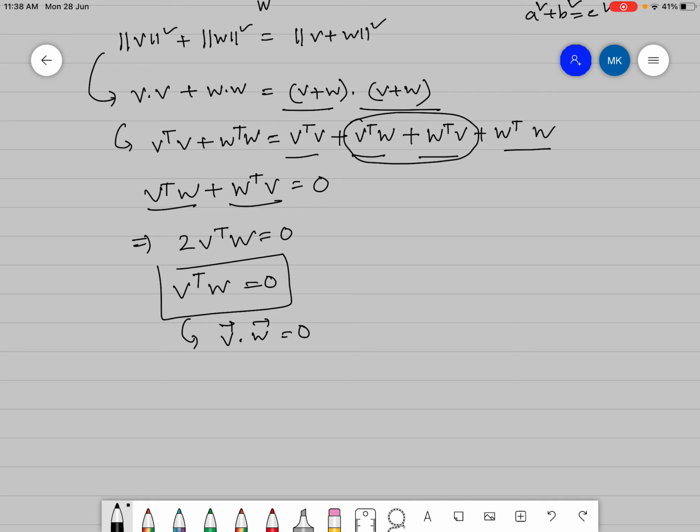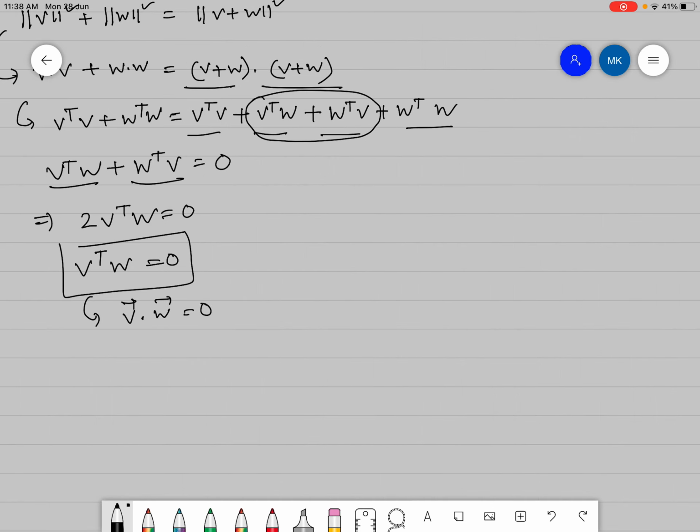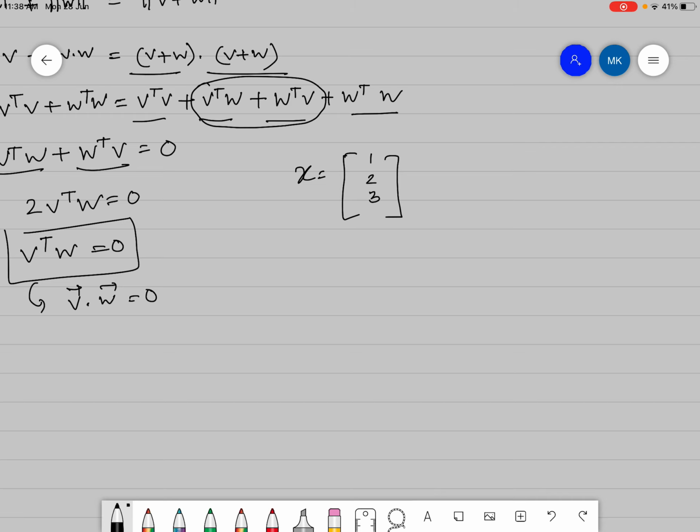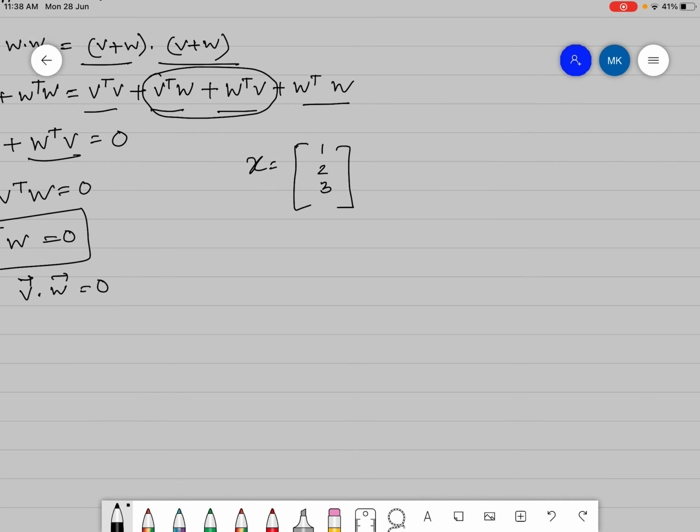All right, let's take a real example. Let's say you have a vector x equals 1 2 3, and take a perpendicular vector to this, let's say y equals 2 negative 1 0.